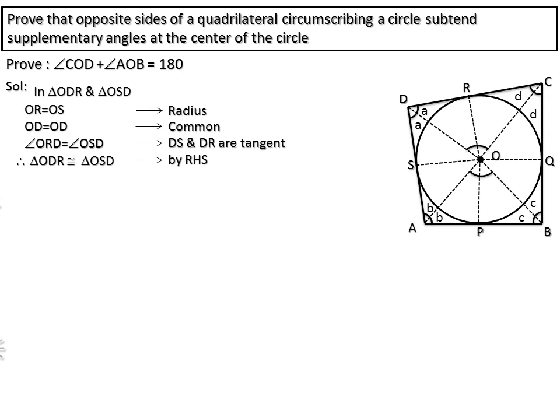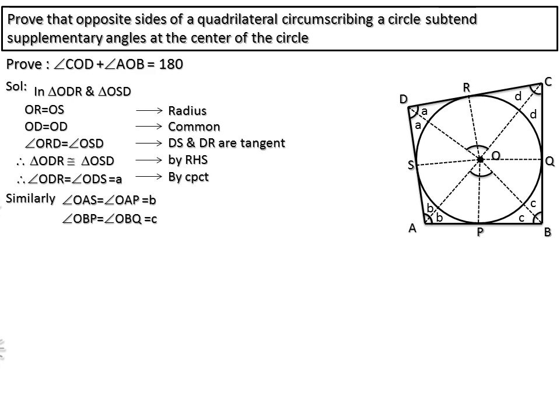Therefore triangle ODR congruent triangle OSD by RHS, and therefore angle ODR equal to angle ODS equal to A by CPCT. Similarly, angle OAS equal to angle OAP equal to B.